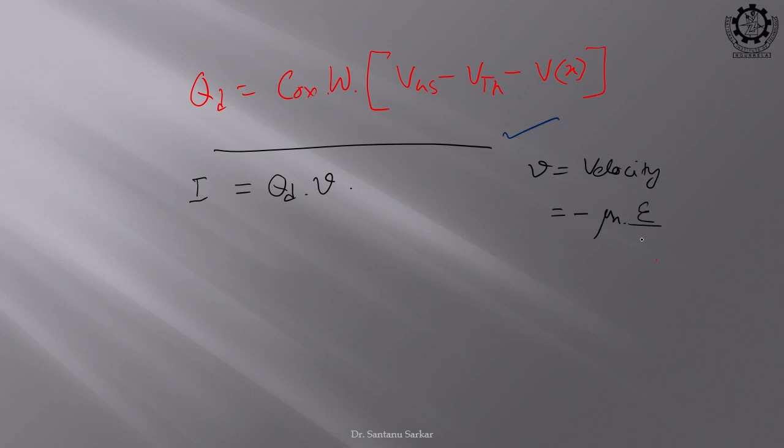So, electric field is equal to mu n dV/dx, okay. Electric field is potential divided by distance, right, potential per distance. So, this is potential, and this is electric field.